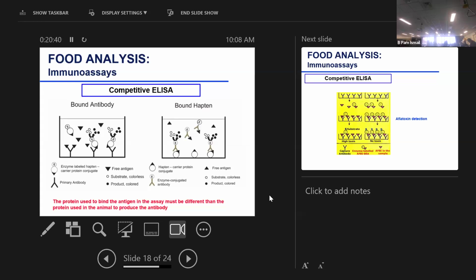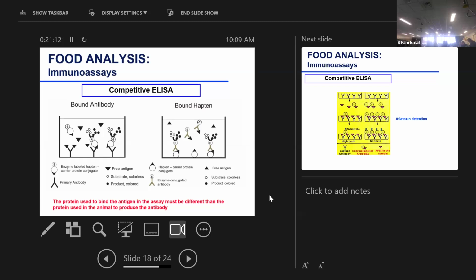And here it's the same thing. Instead, you have the hapten that is bound, and then you have an antibody that is labeled. So when you put your sample in, if you have a lot of aflatoxin in the sample, it will bind to those labeled antibodies and they will be washed off. If you don't have a lot of aflatoxin in your sample, then the labeled antibody will bind to this hapten and you have high absorbance.